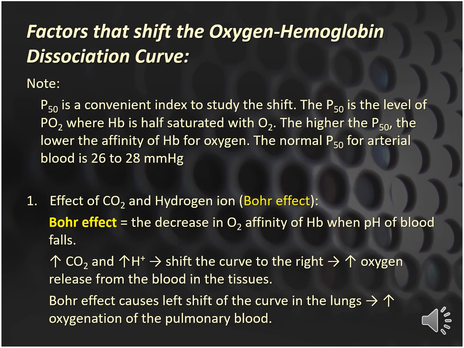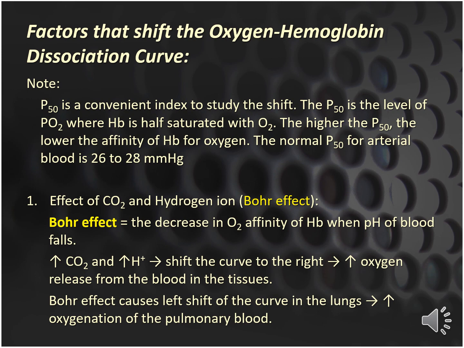Factors that shift the oxygen hemoglobin dissociation curve. I would like you to know that some factors shift the curve to the right and other factors shift the curve to the left. If the curve shifts to the right, this means that the hemoglobin will hold less oxygen, whereas shifting the curve to the left means the hemoglobin will hold more oxygen for the same partial pressure of oxygen.